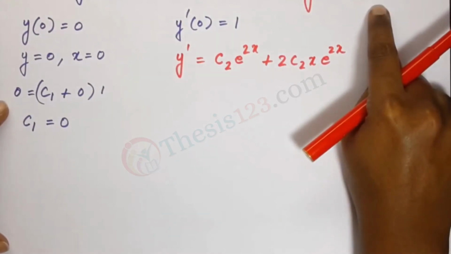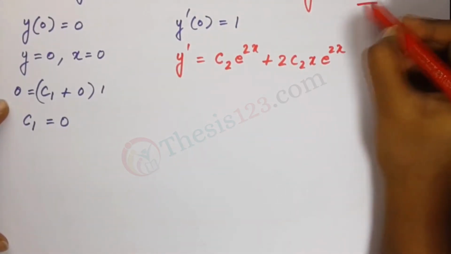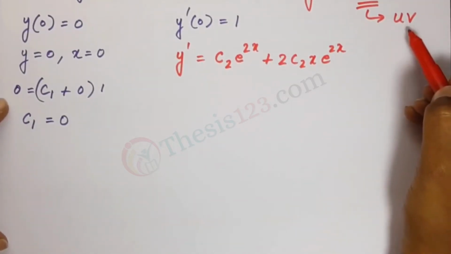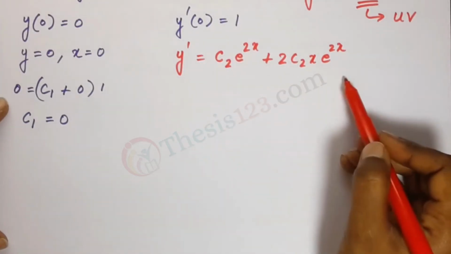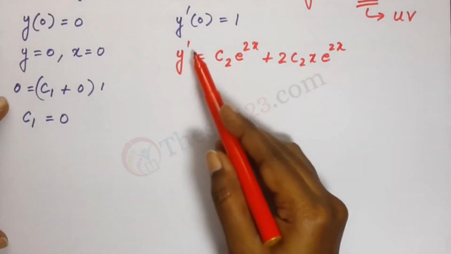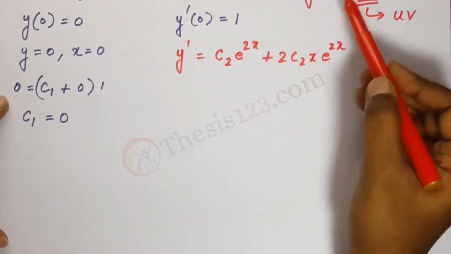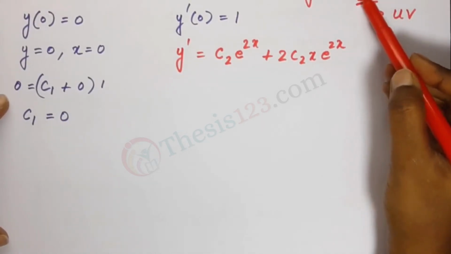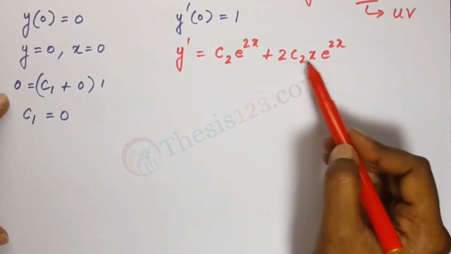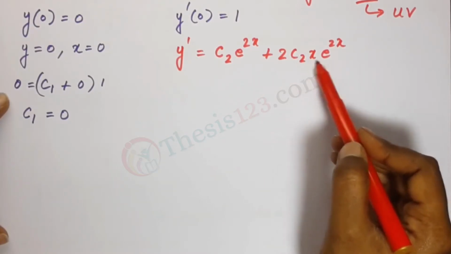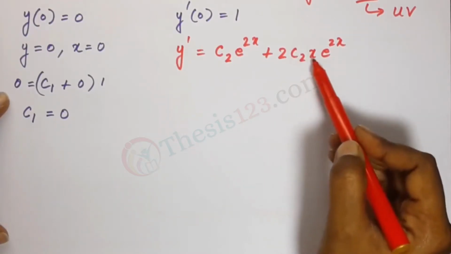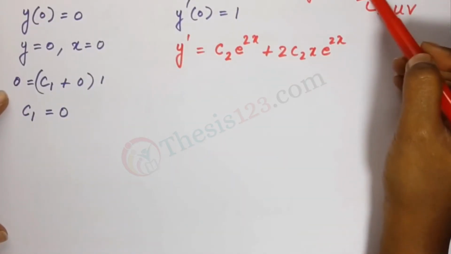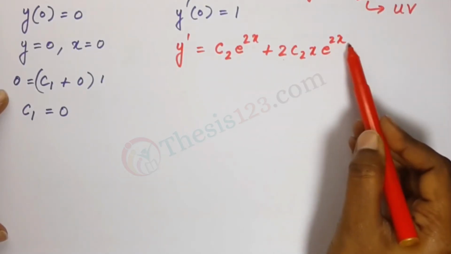Now x into e power 2x, we can consider this to be the UV formula. We use the derivative of the UV formula in order to differentiate. So y dash is equal to C2, which is the constant and will remain the same, e power 2x, and the derivative of x is 1, plus C2 will remain the same, keeping x constant and differentiating e power 2x, which is 2 into e power 2x.